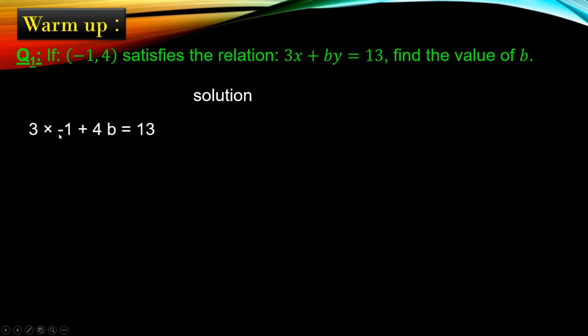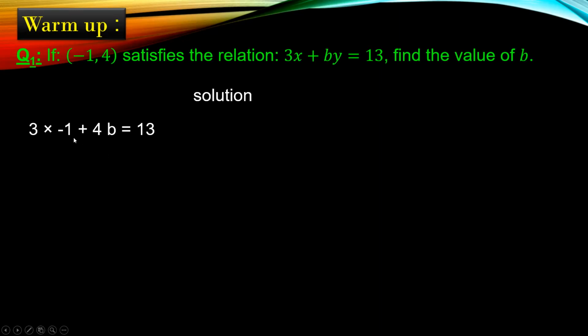Again, we substitute x by -1 in the first coordinate, or the first projection, and y by 4 in the second projection. So the relation will be 3 times -1 plus 4b equals 13.